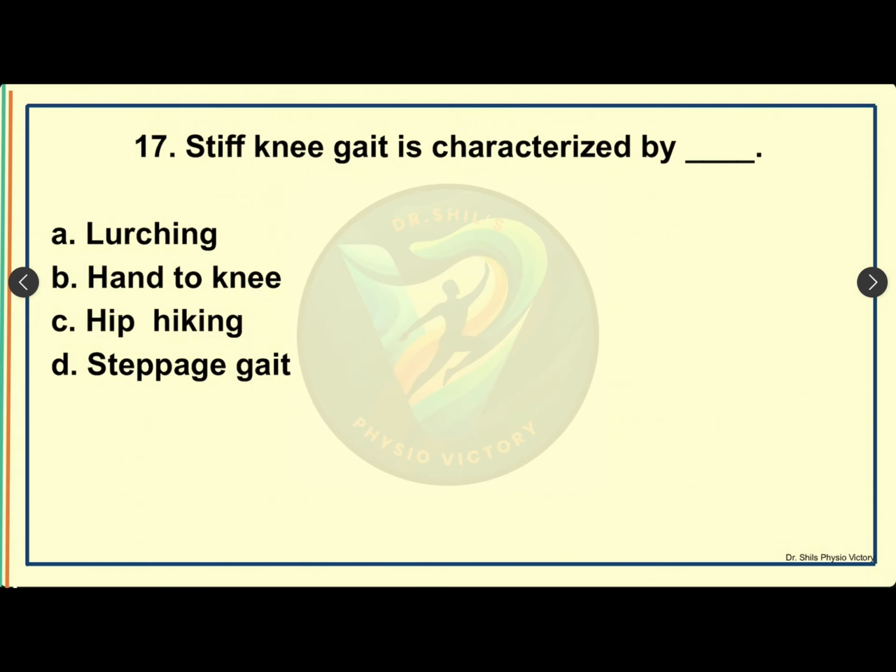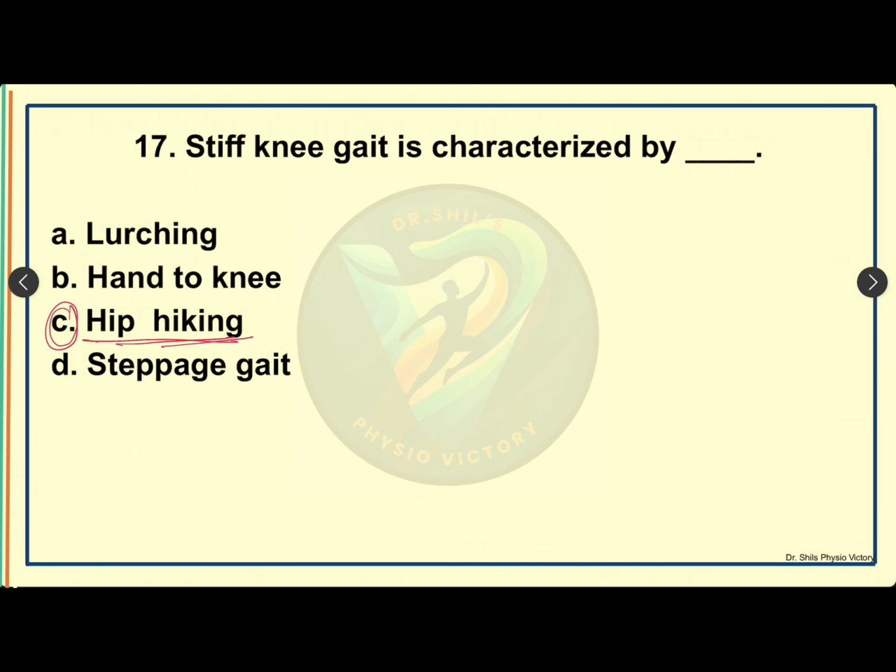Next question, question number 17. Stiff knee gait is characterized by option A, lurching, option B, hand to knee gait, option C, hip hiking, and option D, step edge gait. Here, the correct answer is option C, hip hiking.